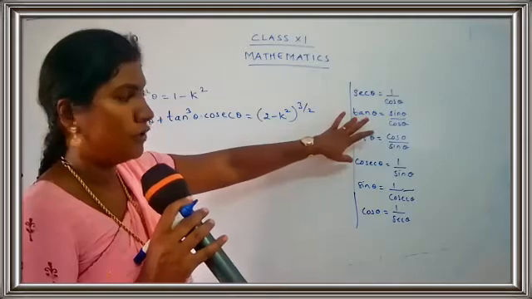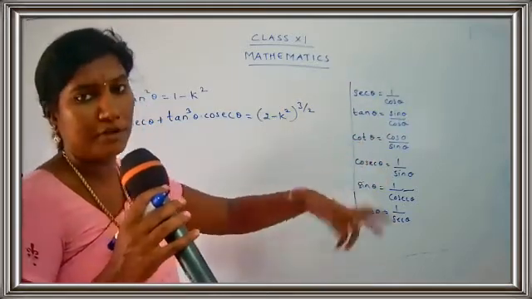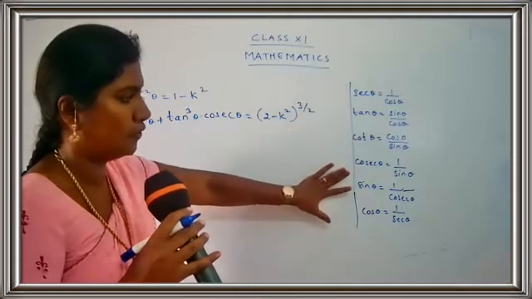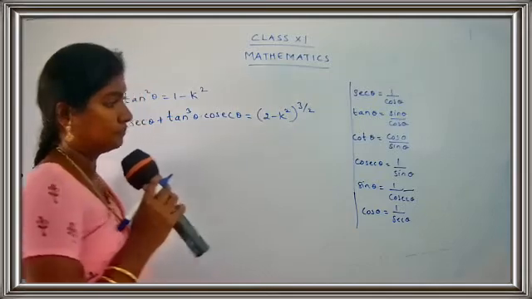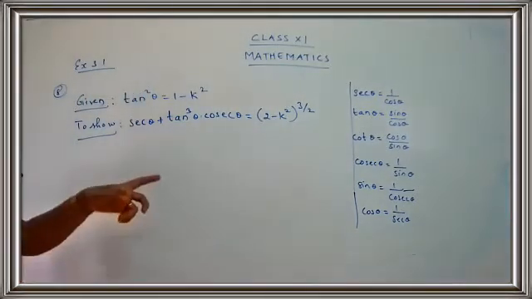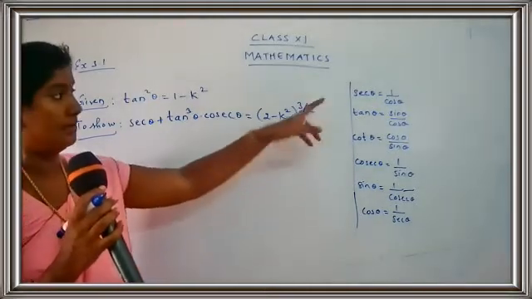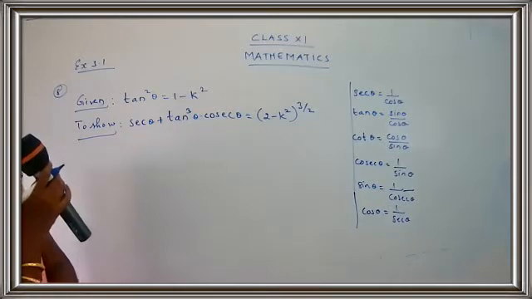So what is the formula for tan? It's sine upon cos. So what will be the value for cot? It will be cos theta upon sine theta. Just stay on this note, children. Already you have done this in your lower classes. So we have used this for finding all the values. Sec theta is 1 upon cos theta.